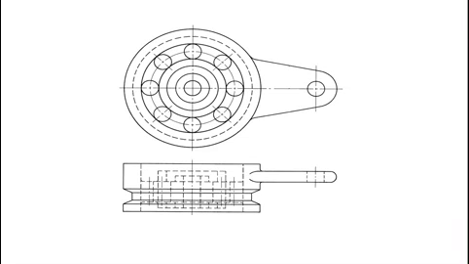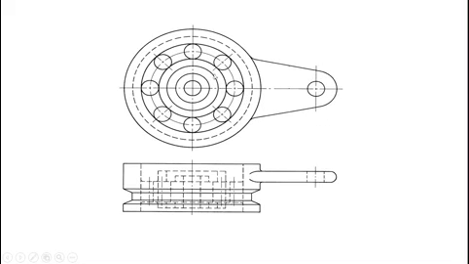Okay, so let's look at this drawing here. In this drawing we have a front view, which is this one at the bottom, and then we have a top view, which is here at the top. The drawing is in third angle projection.